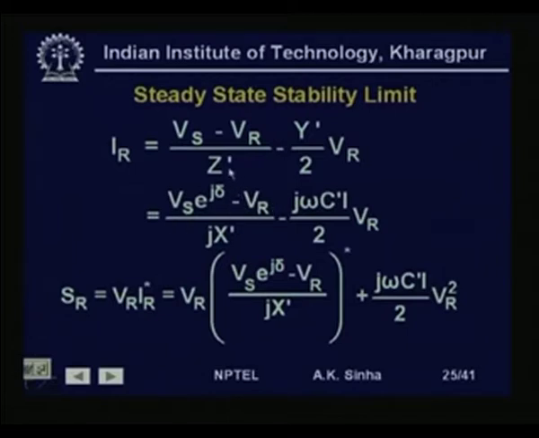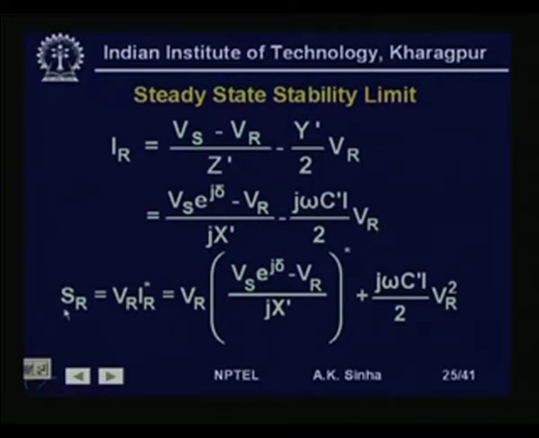Z dash in this case is only j x dash, because we are considering a lossless line. So, V s minus V r by Z dash can be written as V s e^(j delta) minus V r divided by j x dash, and y dash by 2 can be written as j omega C dash L by 2, into V r.